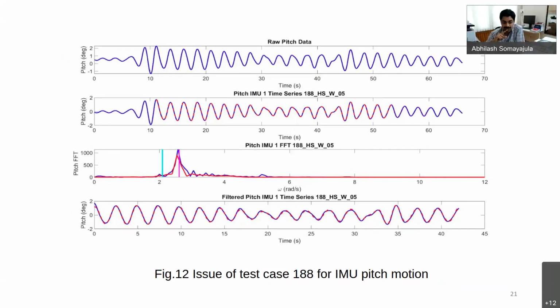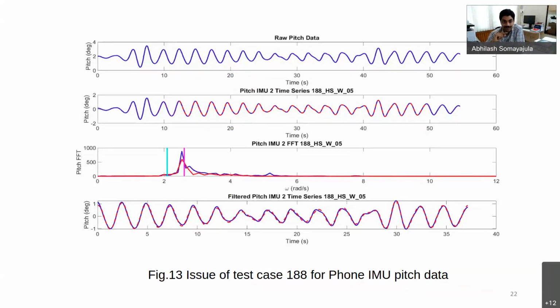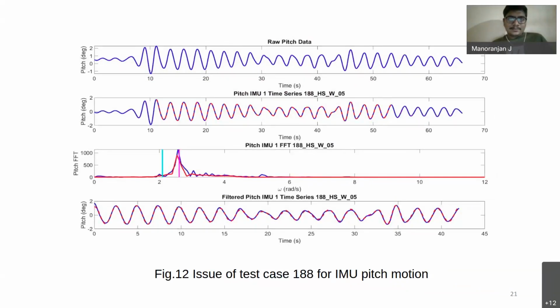It's almost more than 1.5 degrees on the Xsens. I do not know why this error has crept in. And that's why there was a larger difference in that plot. Correct. Between the phone and this one, there is a larger difference, which I am observing there.